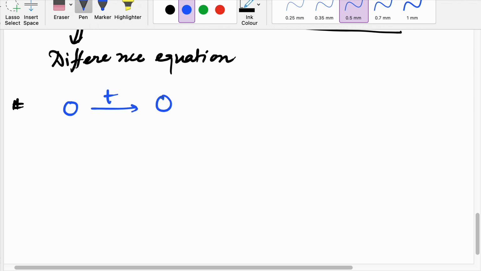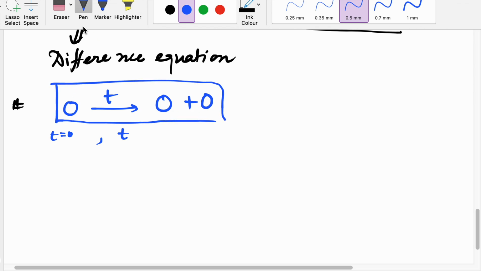So one reproduction could happen in time t. If I start from t equal to 0, after time t, what is the probability that this process will happen? You can model this probability as 1 minus e to the power minus rt.